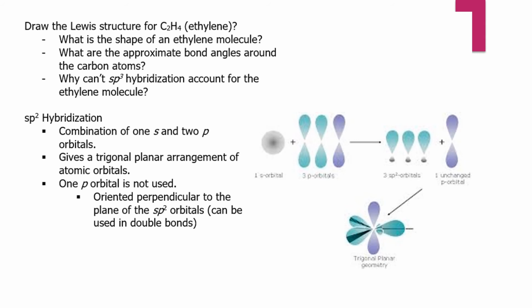It's a single S, and it's 2 P's. S to the first power, P to the second power is a total of 3 directions. So if you have bonds in 3 directions, those orbitals hybridize into sp2 orbitals.